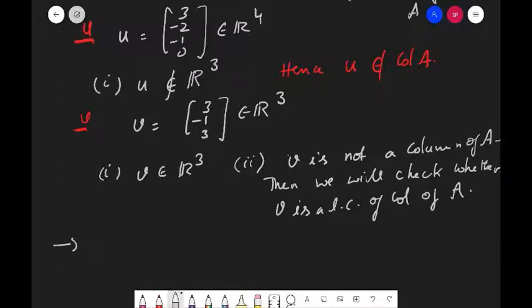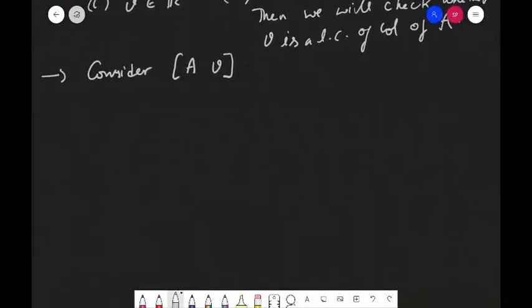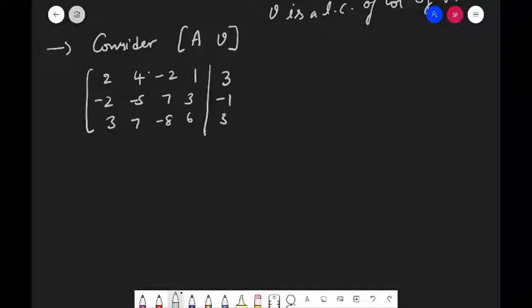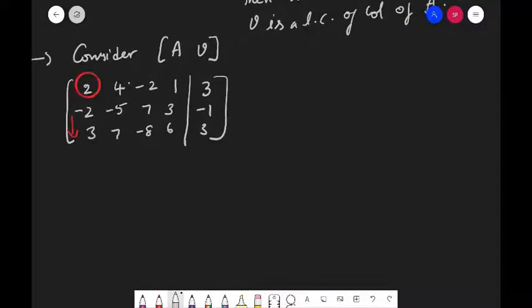Then I will consider the augmented matrix A with the vector V, that is 2, 4, -2, 1, and here it is 3, and then -2, -5, 7, 3, -1, and then 3, 7, -8, 6, 3. Now we have to reduce it to echelon form.